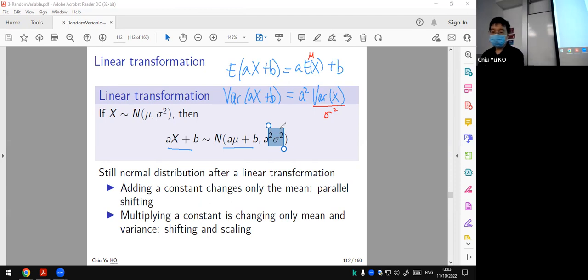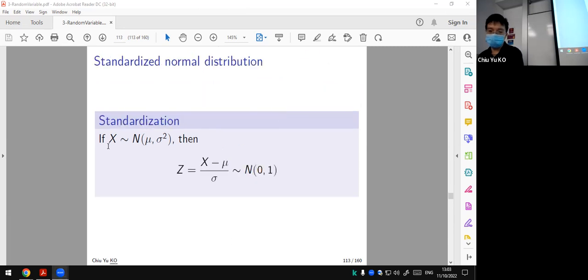This is important because of the next formula. Whenever we have any normal random variable, we calculate the standardized version, which is subtract its mean and divide by its SD, and we get normal 0, 1.